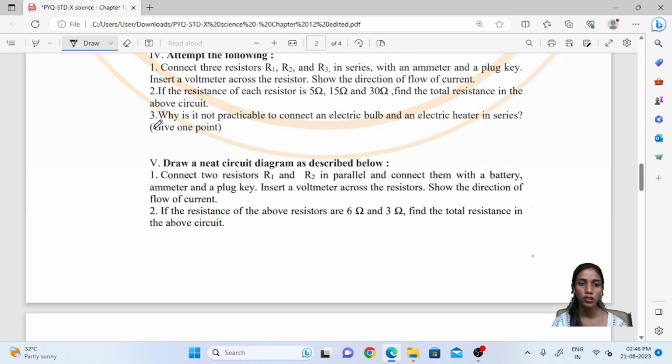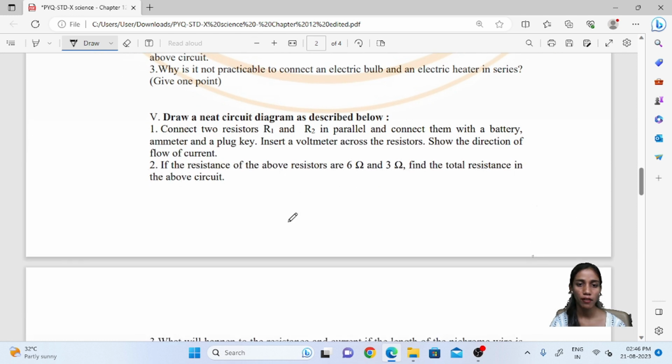Then, why is it not practical to connect an electric bulb and heater in series? In series, the current flowing through the entire circuit is the same, and these gadgets require different currents. That's the reason.